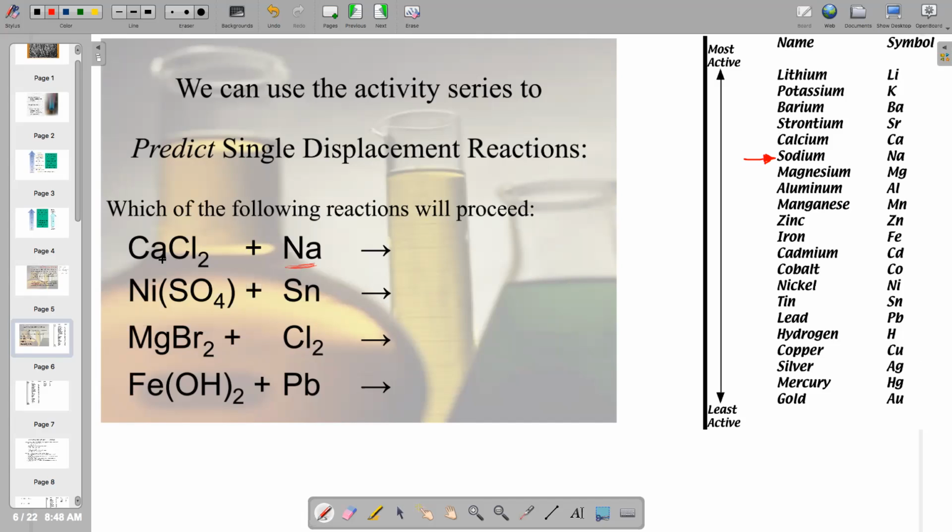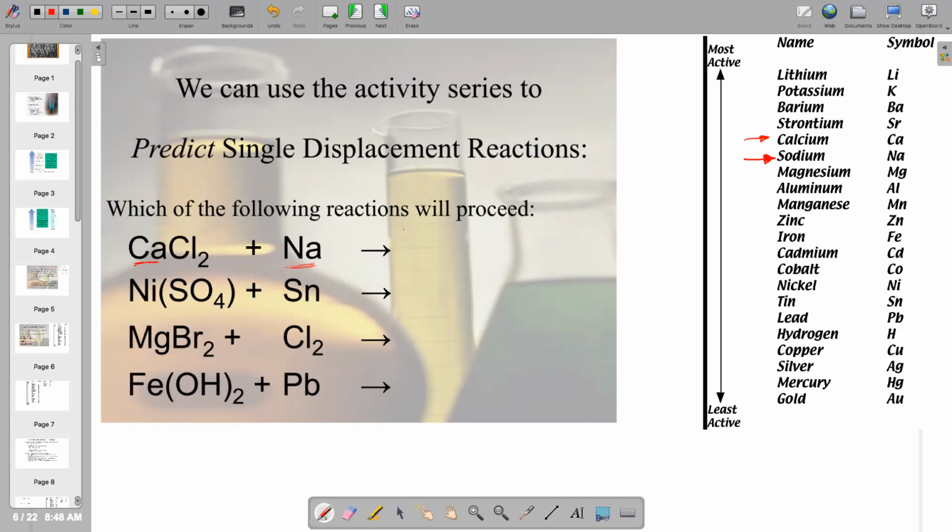So we've got sodium, and we've also got calcium. Sodium is the metal that's all by itself. If sodium is going to replace calcium to make sodium chloride, that only happens if sodium is above calcium. And it's not.